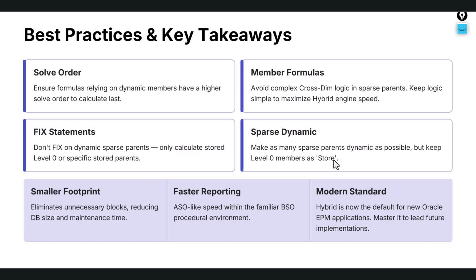In this session, we covered the difference between traditional BSO and hybrid BSO, how sparse dynamic calculation reduces block creation, why hybrid dramatically improves cube size, retrieval performance, and maintenance windows, and finally, the key best practices every EPM developer and Essbase administrator should follow when designing hybrid applications.